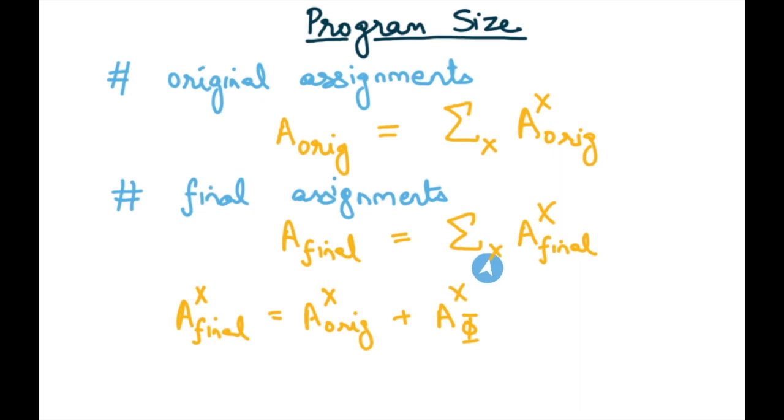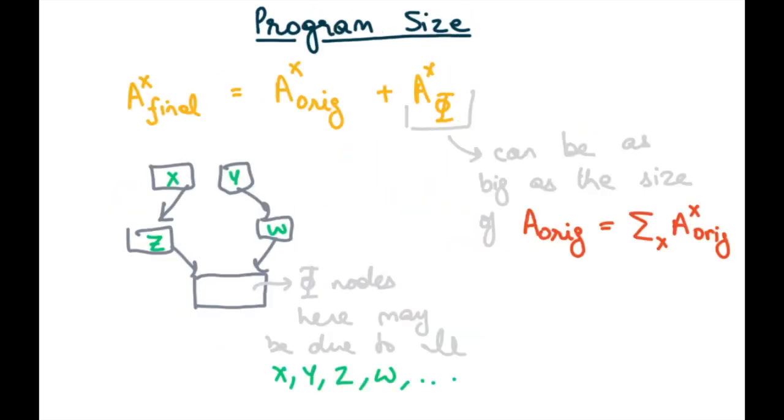For every basic block X, I can compute A_final(X), which is nothing but A_orig(X) plus all the phi functions that have been added to X. So in other words, A_final(X) equals A_orig(X) plus A_phi(X). Let's look at this equation in more detail. A_orig(X) is the original number of assignments in basic block X, and A_phi(X) is the number of assignments added due to phi nodes in basic block X.